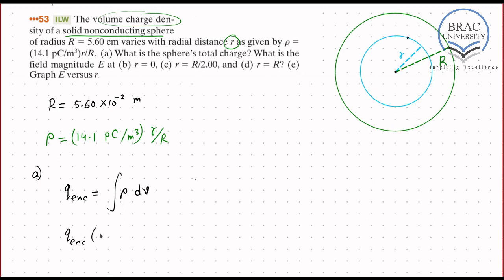Q enclosed when small r equals big R, the case when we are considering the entire sphere, equals the integral of rho, which is 14.1 times 10 to the power minus 12 coulomb per meter cubed, times r over R, dV.